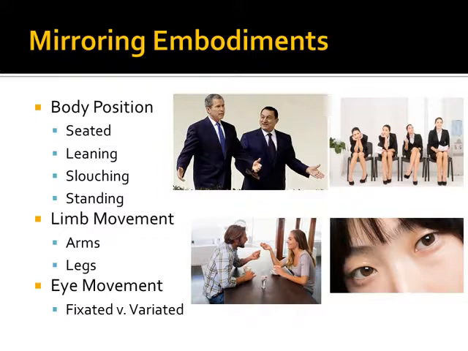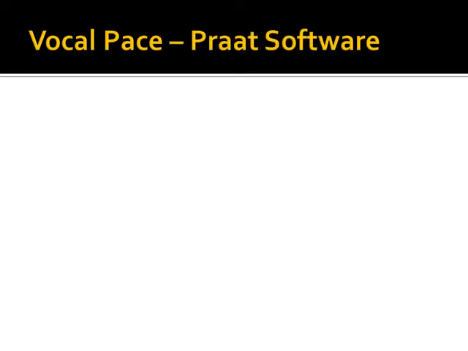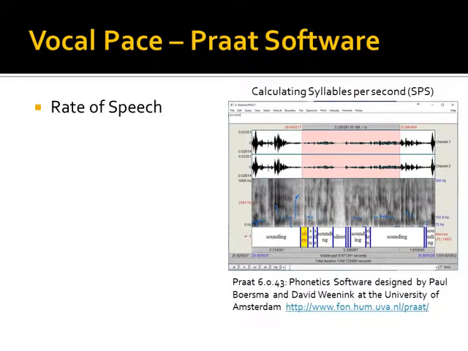A couple of phonetics professors out of the University of Amsterdam devised a software called PROP, used for analyzing vocal signals. I used the software for my dissertation to calculate the rate of speech during communication exchanges. Other communication scientists have used words per second, but I found it more accurate to measure syllables per second.